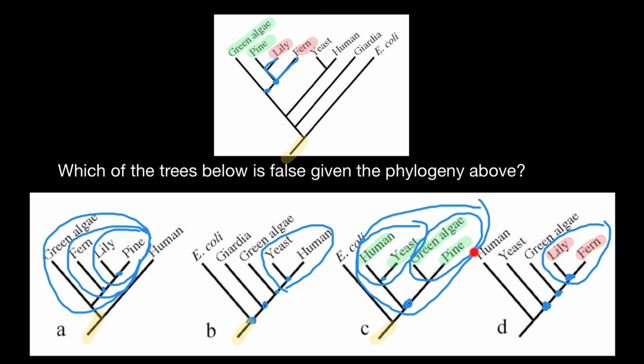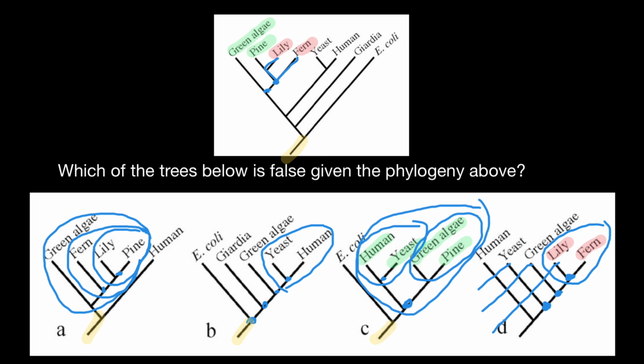And we expect that the distance between human and yeast has to be the same in relation to green alga. So what we are going to do, let me add a couple of lines here. So this is going to be one parallel line to this one. Next one we draw from here, and next one from here.